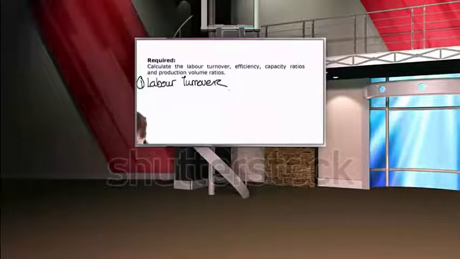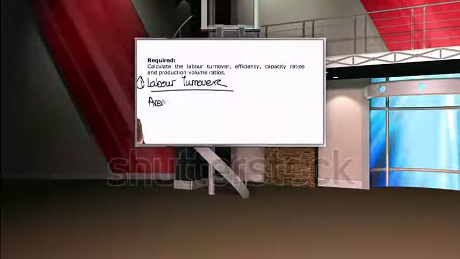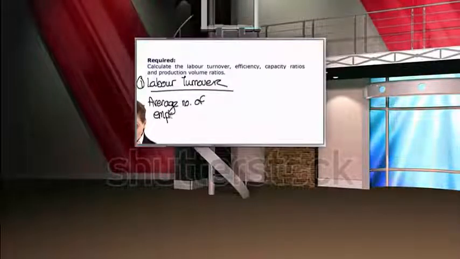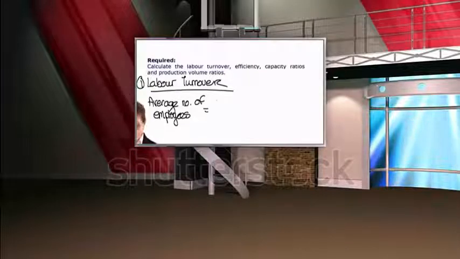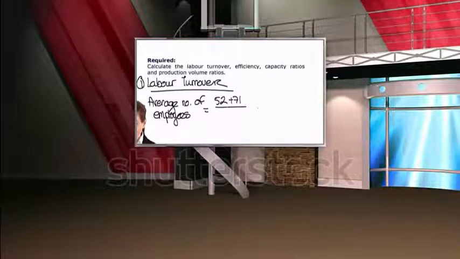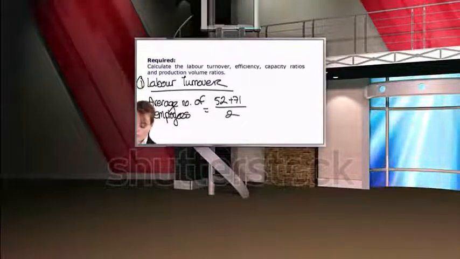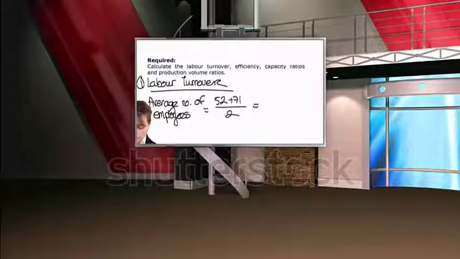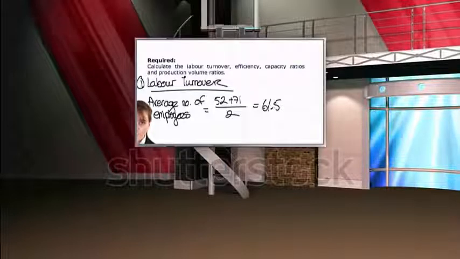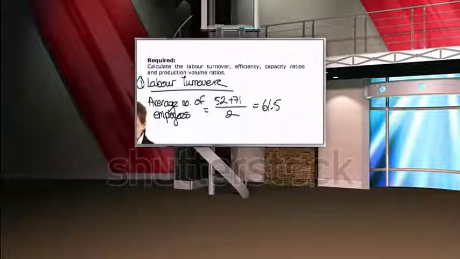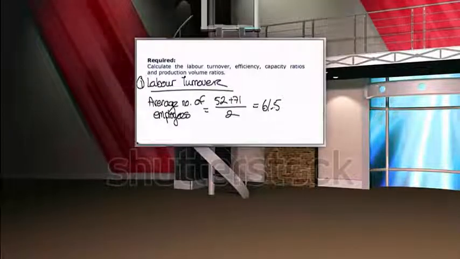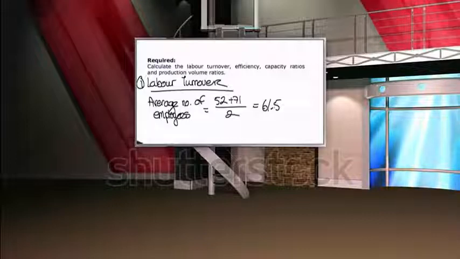So if we just do a quick calculation to work out our average number of employees, that will be our employees at the start of the period plus our employees at the end of the period divided by 2. We work that out, we get 61.5. Now I know we cannot have half an employee, but in order to keep our ratio mathematically correct, we're just going to leave it as it is.